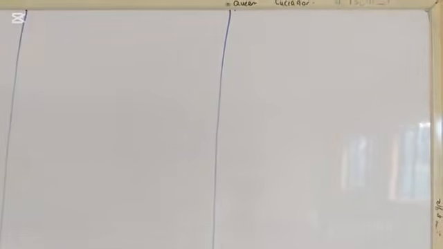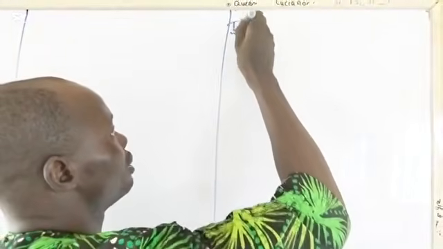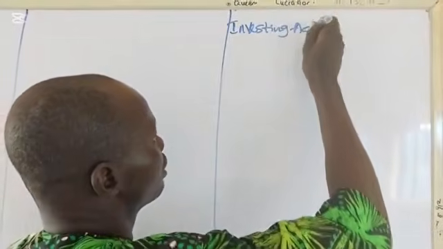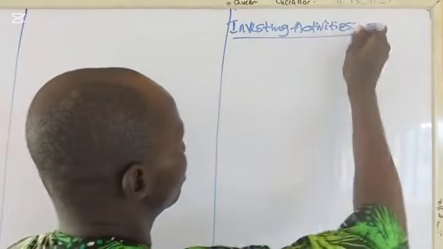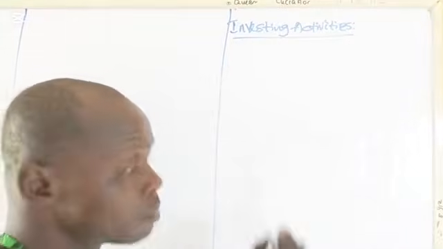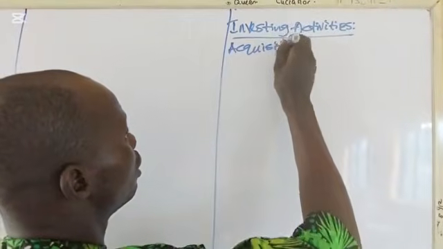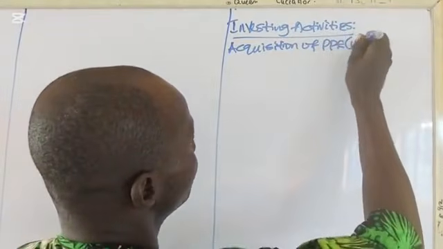I want to start from where we stopped last week. So we've started with investing activities. What are those things we recorded there? Last week, we recorded items such as acquisition of PPE, that is working 6.